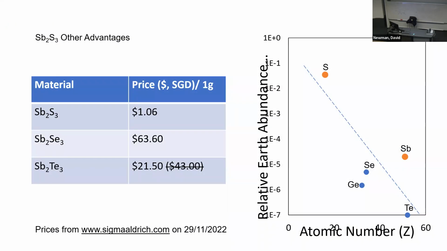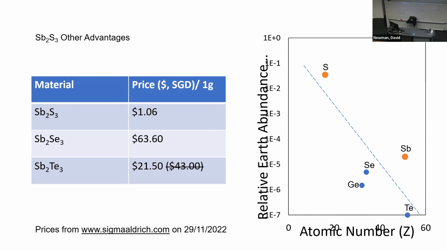And price per gram, if I compare antimony sulfide, antimony selenide, and antimony telluride, it's about 20 times cheaper than antimony selenide, and 60 times cheaper than antimony telluride. I should mention that on the day when I looked up these prices, which was just before the MRS conference, it was Black Friday, so Sigma Aldrich had a deal. It's not usually that cheap.